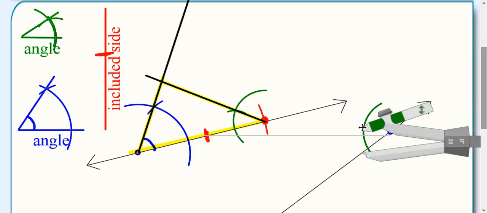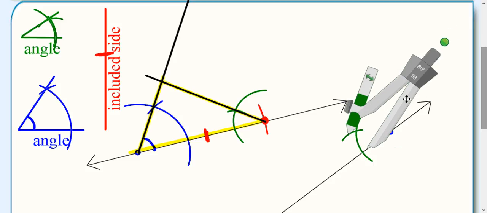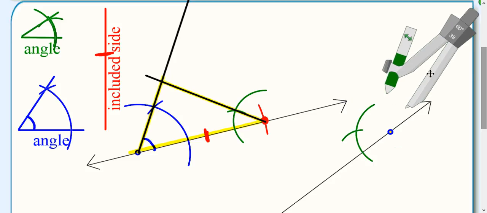It's not writing. Right? There. So we've got our angle. Draw the line in there. We also need that side length.